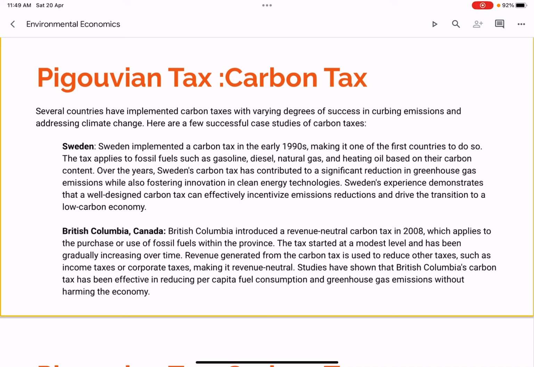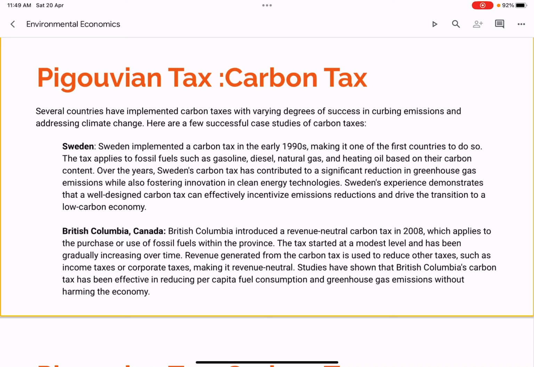What is important is that the revenue which accrues from this Pigouvian tax could be used for making the tax revenue neutral, in the sense that if some revenue is generated by taxing carbon, and that revenue is used to reduce other taxes like income tax or corporate tax, it means that essentially the consumer is not taxed extra.